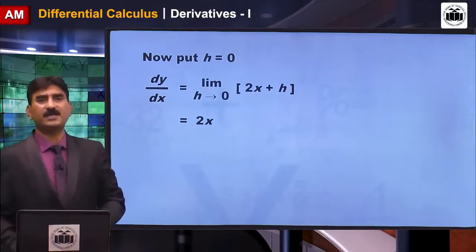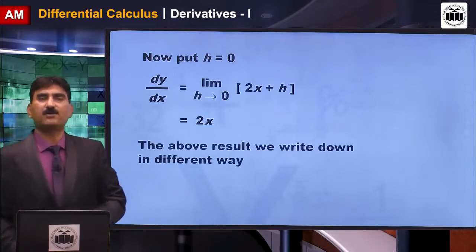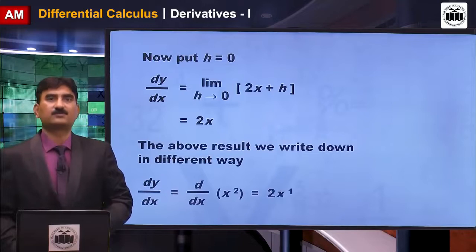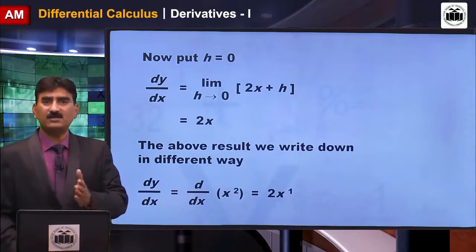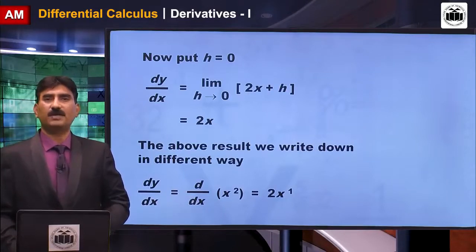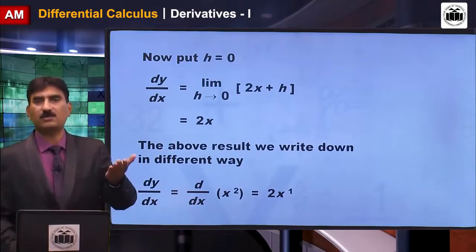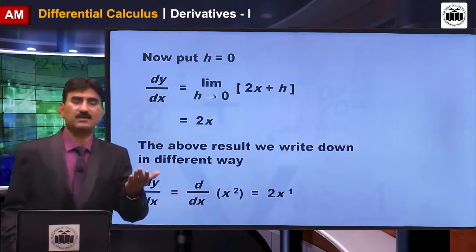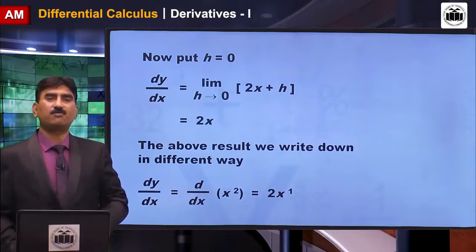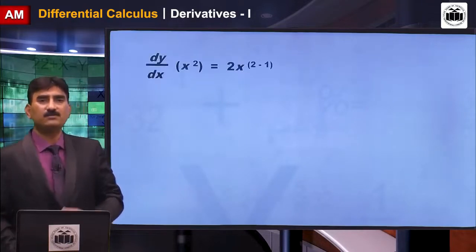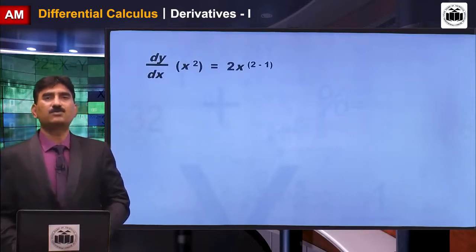Now by taking the same result, I will find the derivative of x raised to n. So how? Let's see here. Now I am writing the same result. d by dx of x square is equal to 2 into x raised to 1. Because if the index is not there, you have to imagine it is 1. So we write this in this way: 2 into x raised to 2 minus 1.